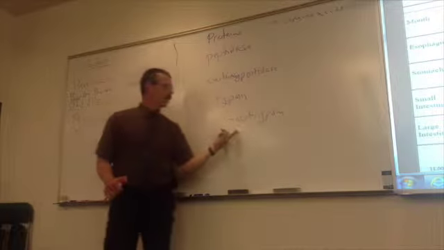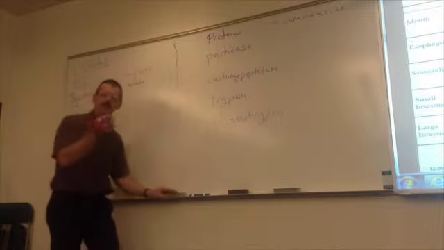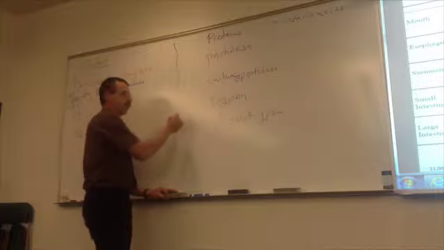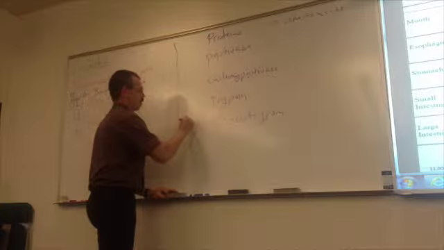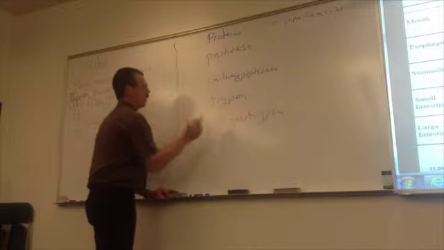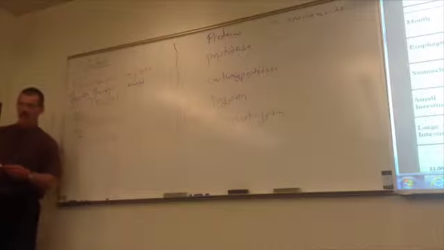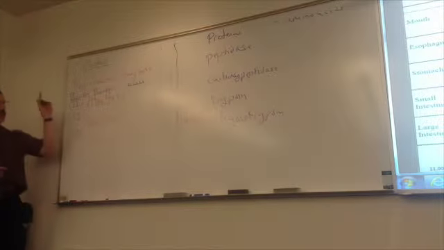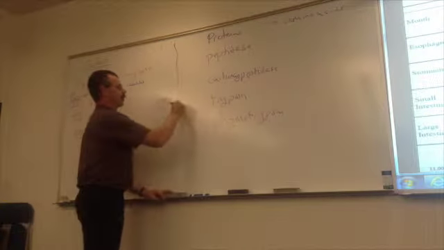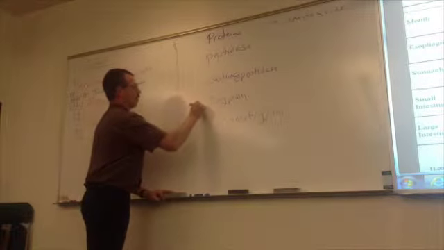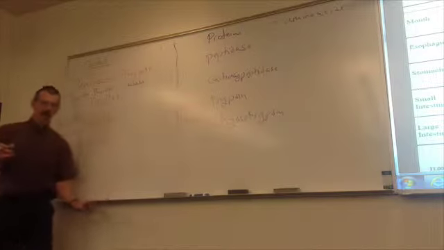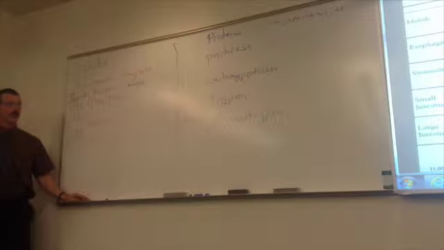Can someone tell me where chymotrypsin is made? You don't know. I might as well just say anything. So formally, it's a pancreatic enzyme. So it's made in my pancreas, given to my small intestine to digest proteins. Trypsin is also a pancreatic enzyme, meaning it's made in my pancreas and sent to my small intestine.